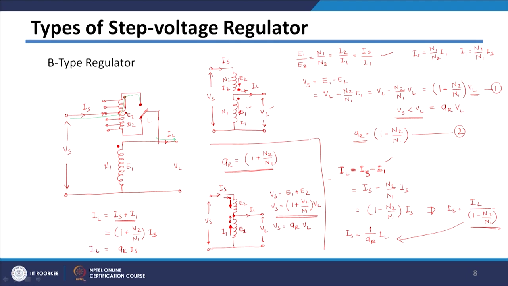IL is equal to AR into Is, and this implies Is will be equal to IL divided by AR. So, we have got these relations, and depending upon where it is connected, lower or raise. So, this is your terminal which basically raises the voltage, and depending on which is connected it will decide how much raise we want. Similarly, when it is connected to L, it will lower the voltage, and depending upon which terminal it is connected, it will lower that much particular voltage.